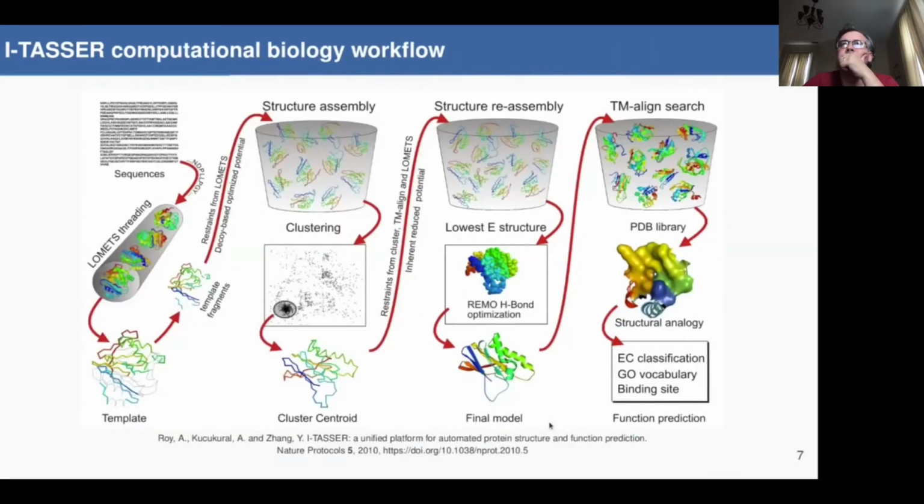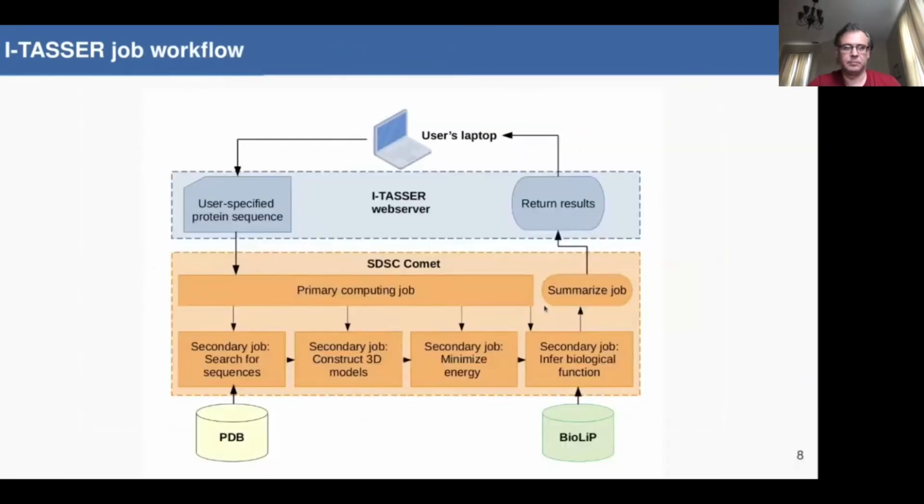Now, behind the scenes, there's a lot of computational biology taking place. As you can see here, we've got a lot of things happening, such as threading and clustering algorithms, database searches, and energy minimizations. We're not concerned with this level of detail. Instead, let's back up a bit and say, here's the user's laptop.